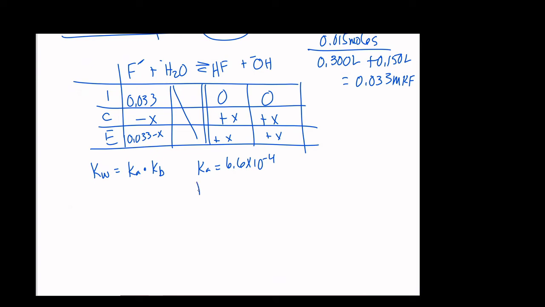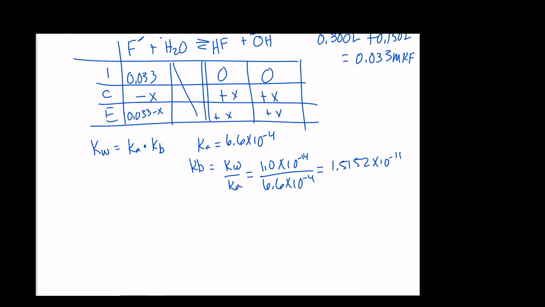So we need to calculate our Kb because we can't use the Ka here because this is basically dissociation of water by a base. So we need to use the Kb here, and the Kb is equal to the Kw over the Ka, which is equal to 1 times 10 to the minus 14 divided by 6.6 times 10 to the minus 4th. And that's equal to 1.5152 times 10 to the minus 11th.